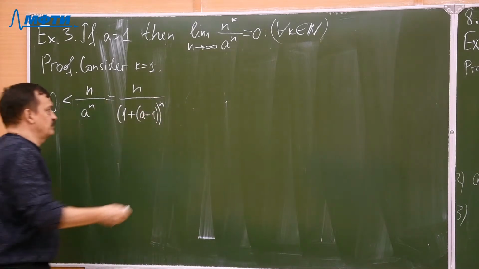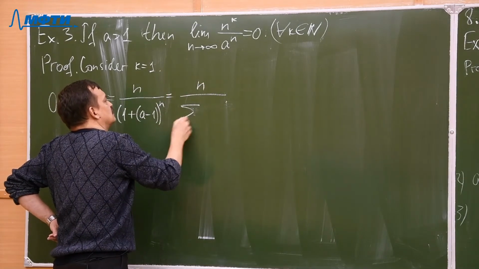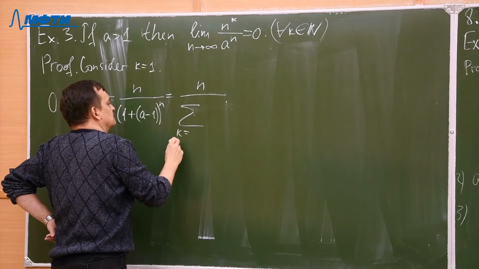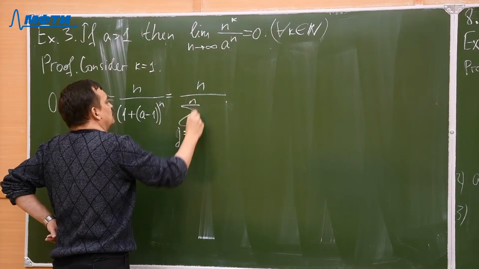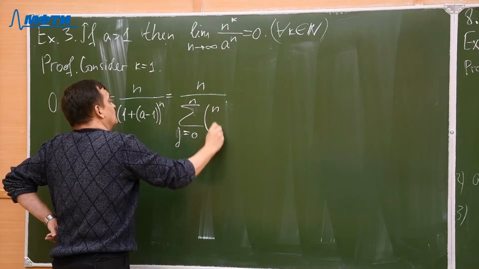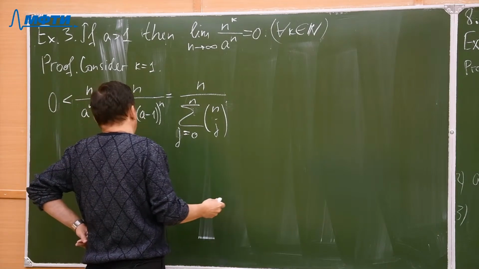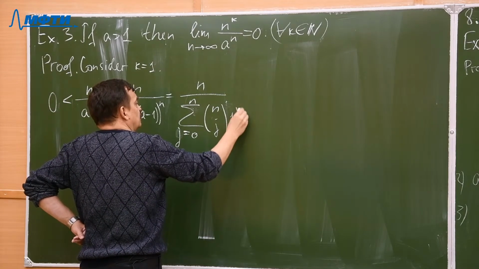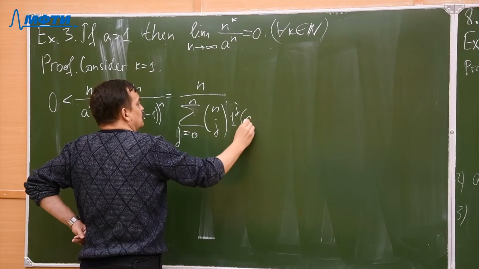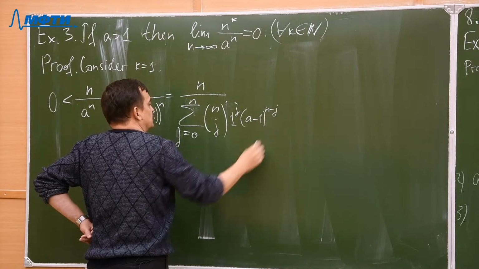Then the binomial theorem says that is the sum, j from 0 to n, binomial coefficient n j times 1 power j, a minus 1 power n minus j.